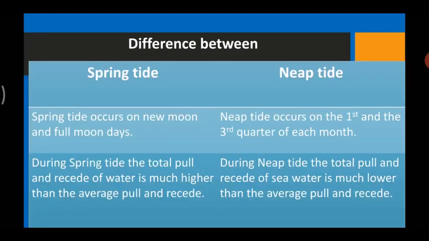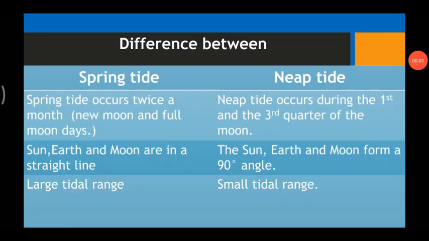Okay, let's move forward. Next is the difference between spring tide and neap tide. Spring tides occur twice a month, that is on new moon and full moon days, whereas neap tides occur during the first and the third quarter of the moon.